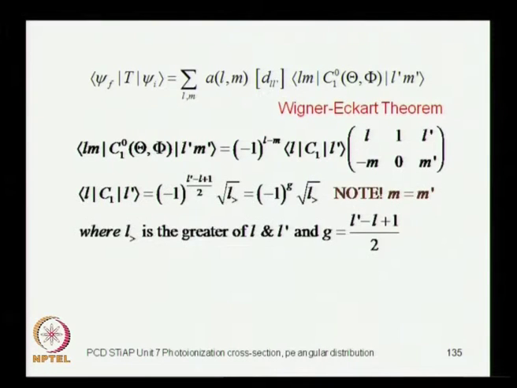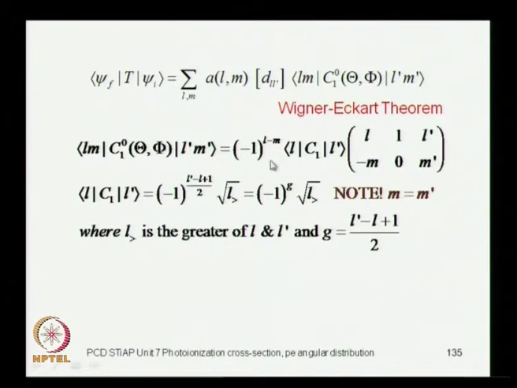So, now the angular part and the space part and the physical part is already taken care of, and this particular matrix element of the reduced spherical harmonic from elementary angular momentum algebra is given by this phase factor times square root of L large, where L large is the larger of L and L prime, and G is given by L prime minus L plus 1 by 2.